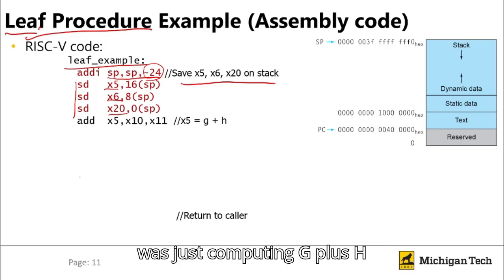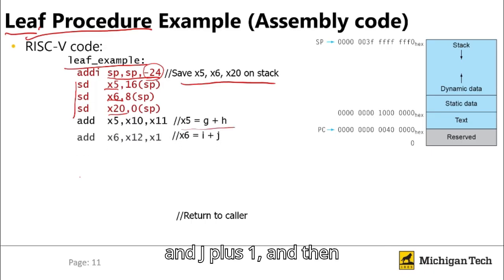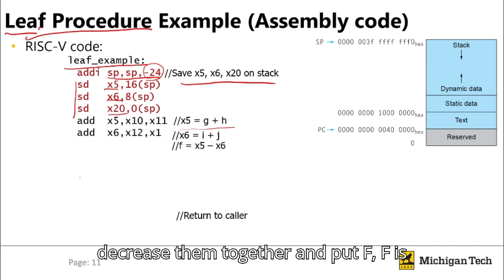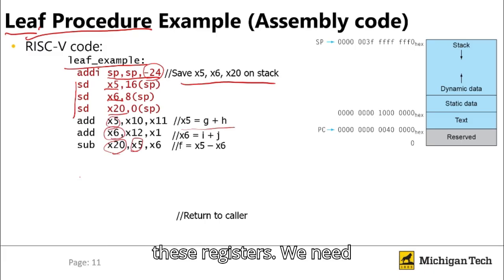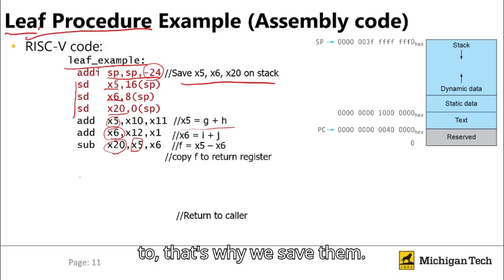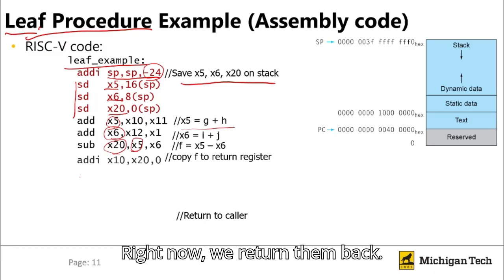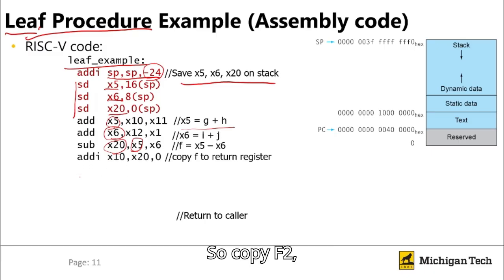So after saving those, you do the operations. The operation was just computing g plus h and i plus j, and then subtracting them and putting the result in f. f is x20. So as you can see, we played with these registers, and that's why we save them. Right now, we return them back. So copy f to the return register. x10 is the return register.